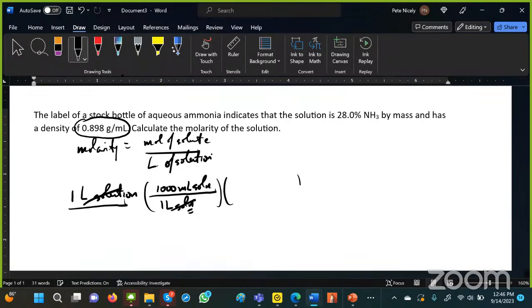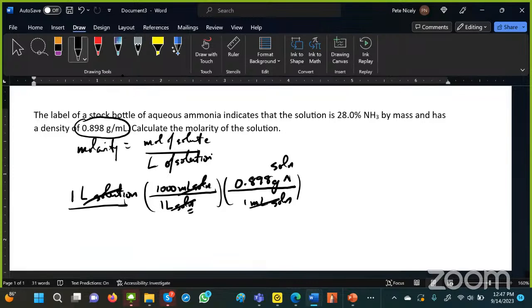And then the next step would be a conversion factor which represents a density. The way I'll do that is I'm going to put 0.898 grams of the solution divided by 1 milliliter of the solution. All right. So this would go with that. So what I've calculated up to this point would be the mass of the solution.